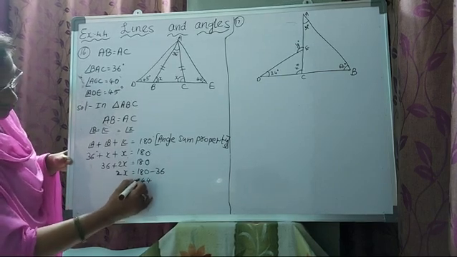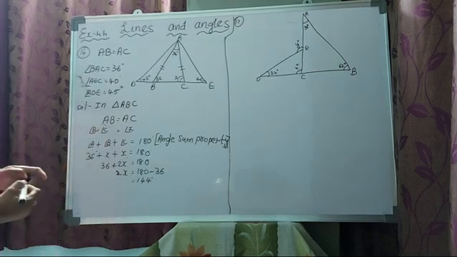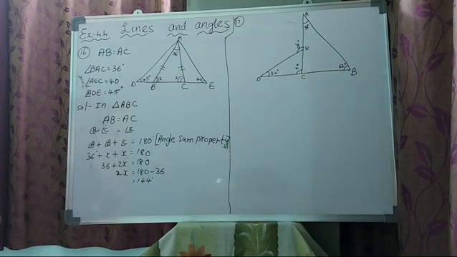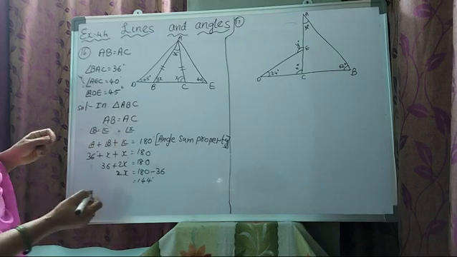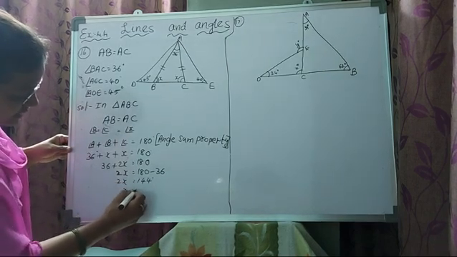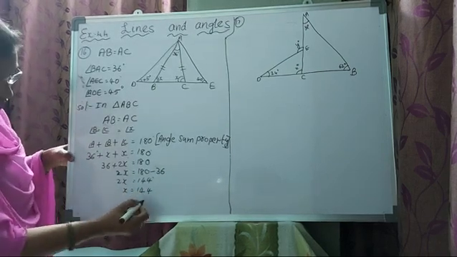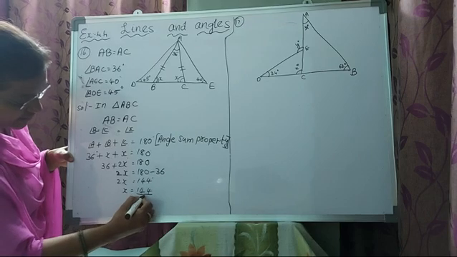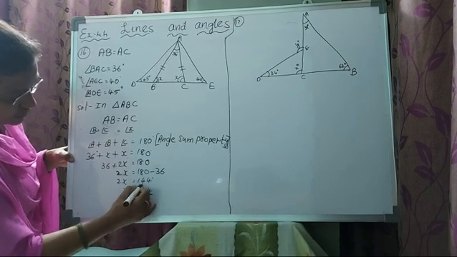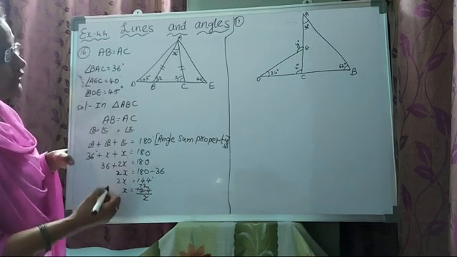Again 144 degrees. 2x is equal to 144. Here 2 is multiplying. If you transpose it to the right hand side, it divides. So x is equal to 72 degrees.